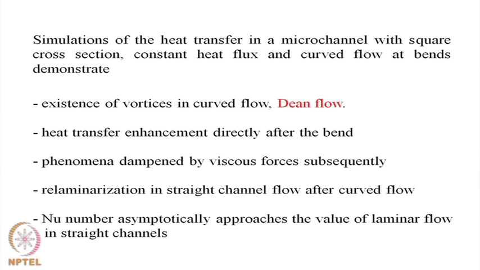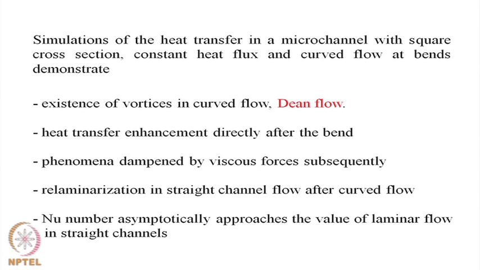The existence of Dean flow can be seen from the numerical simulations. There would be heat transfer enhancement just after the bend, and once you have such enhancement and such vortices, the phenomenon will be dampened by the viscous forces present in the fluid.